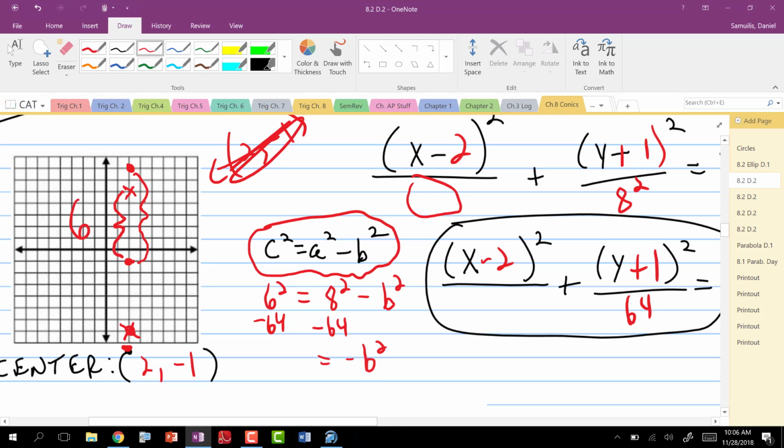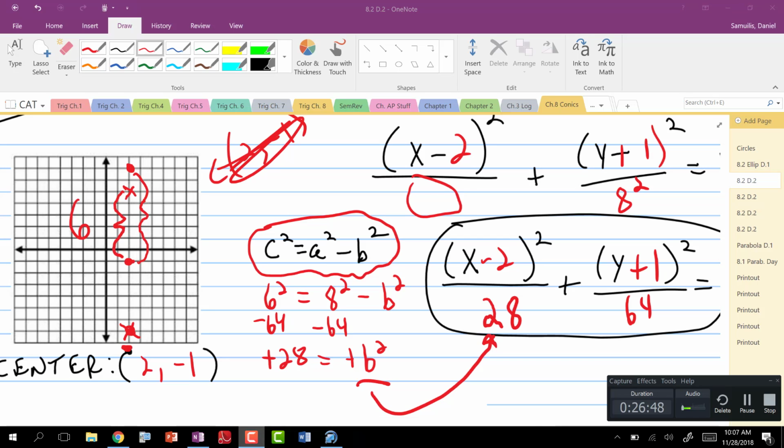Is it 28? But it's negative. But what's a negative b squared equals a negative 28? Positive. And then what do I put, the square root of 28 or 28 underneath here? Oh, it's b squared that goes underneath there, not b. All right? I hope I did that correct.